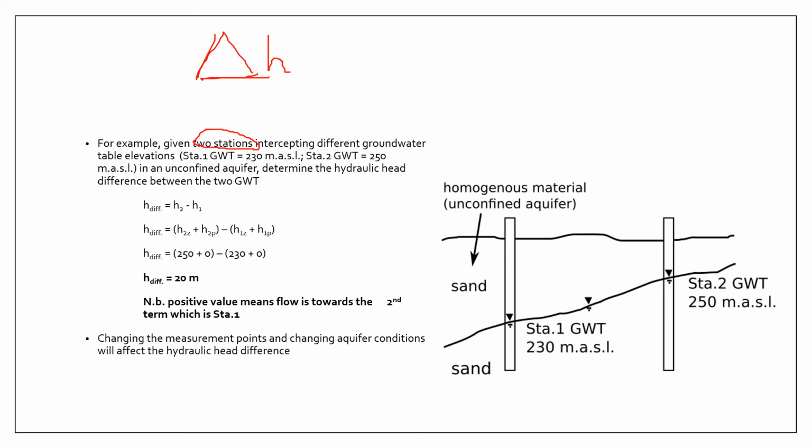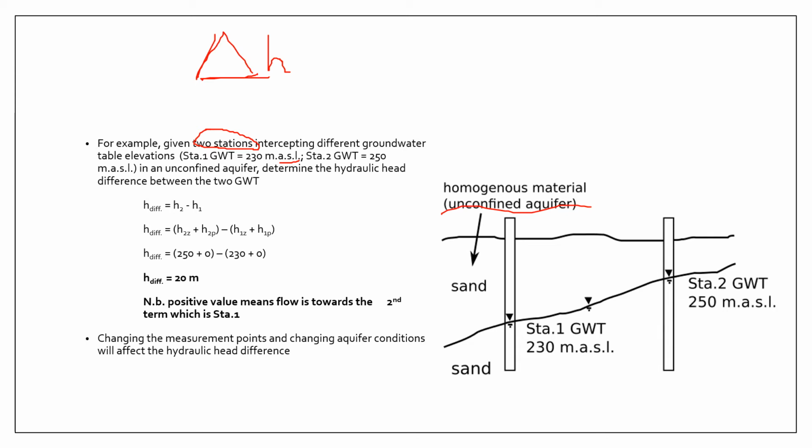Again, our example here is an unconfined aquifer with two stations, station 1 and station 2. In station 1, the groundwater table elevation is 230 meters above sea level, or MASL. MASL means meters above sea level.